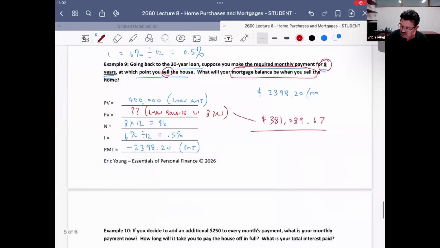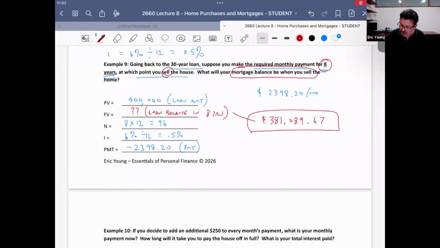381,089.67. This will be the amount that you owe. What does that mean? Well, it means this. In 8 years, let's just say hypothetically, you're able to sell the house for 600,000.